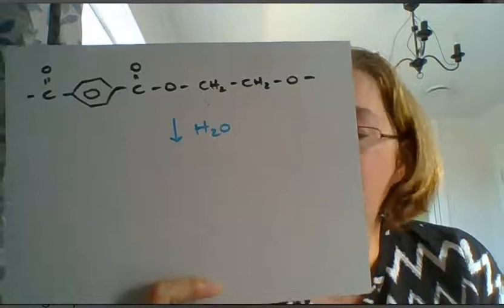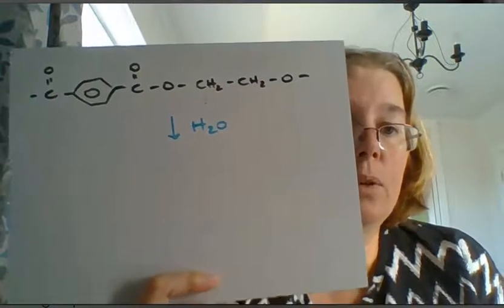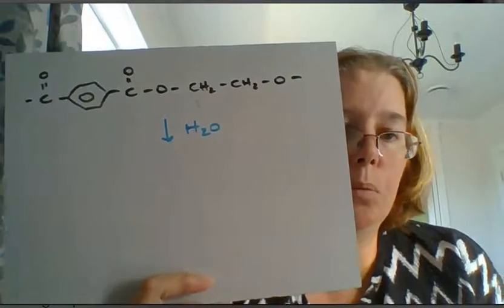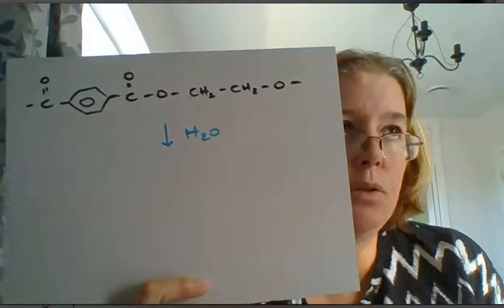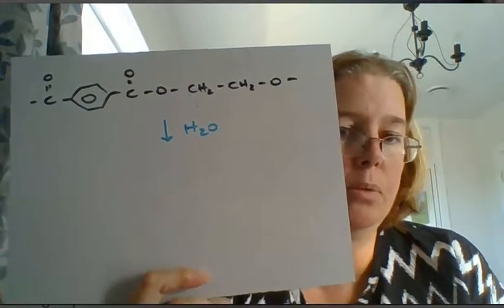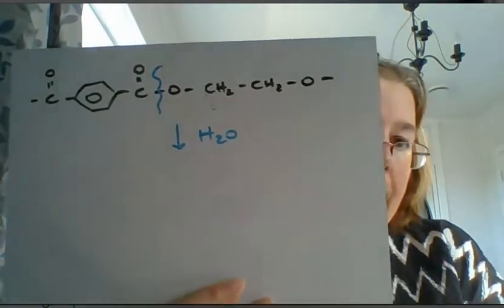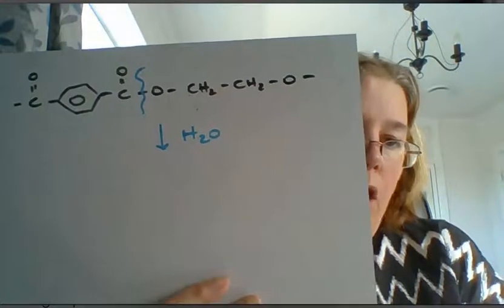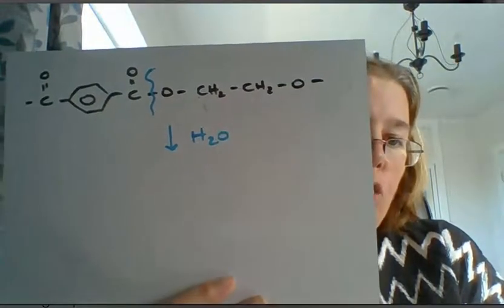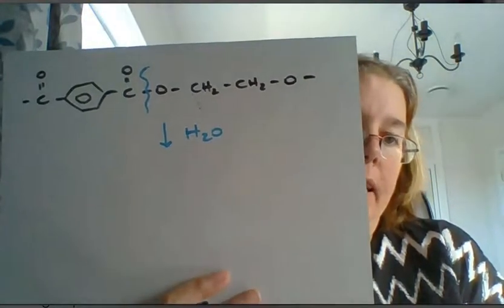Okay, so if we're adding water, we're going to do this exactly the same as we would normally do with an ester, except you have to remember that there are multiple ester groups. So you're going to break it up in the middle of the ester chain, right there. And then you're going to add H and OH onto either end.